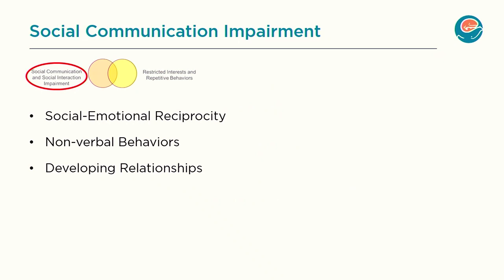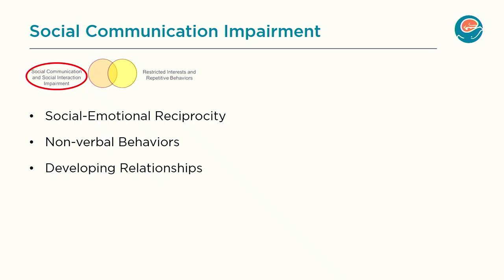To briefly go over the social communication impairment, there are three areas within social communication that children have to have difficulties in. The first one of these is social emotional reciprocity. This refers to the back and forth of social interactions.